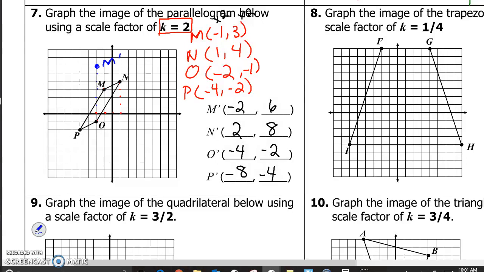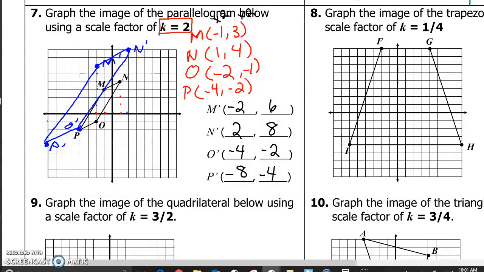N is at 2, positive 8. O is negative 2, negative 4. Ooh, that's weird. And that's the new point O. And then P is at negative 8, negative 4. There we go. And that's okay, the points are the same. It's still double the size, and you can see that.